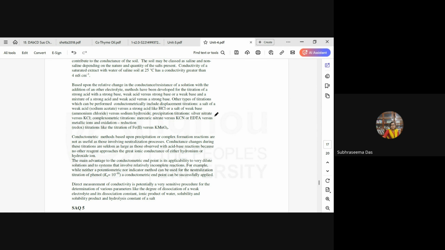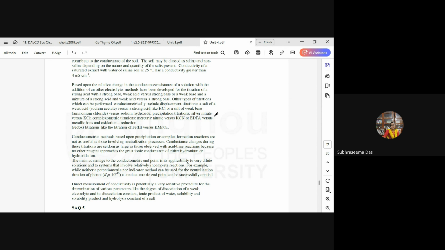During precipitation reactions and complexometric titrations, the conductance values do not change as largely as those observed with acid base reactions, because no other reagent approaches the ionic conductance of either H plus ion or OH minus ion.